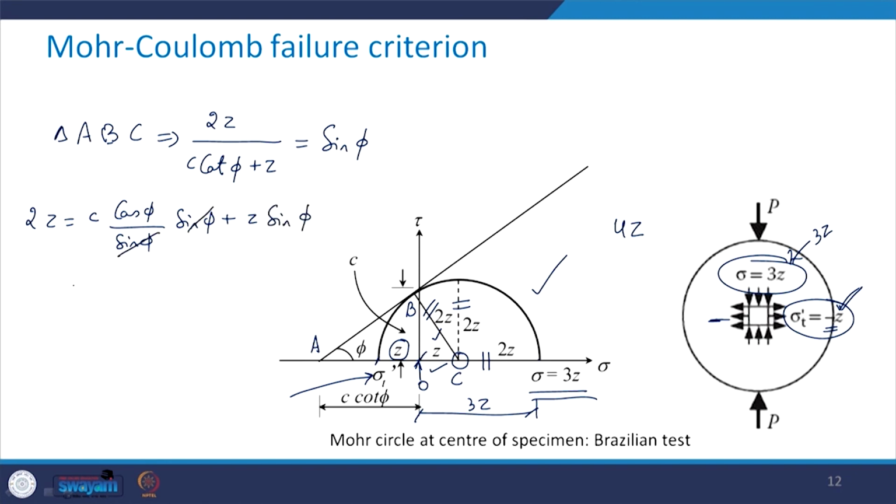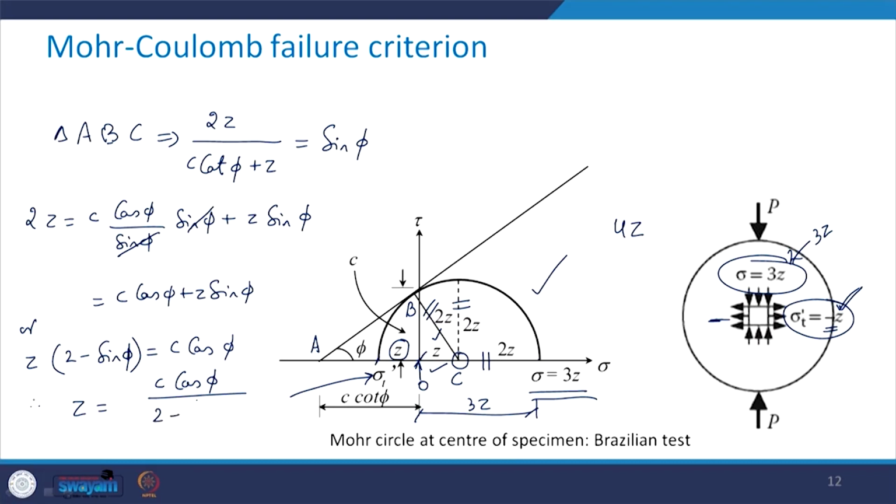So this will get cancelled out and this is going to be C cos phi plus z sine phi, or we can write here z times 2 minus sine phi is going to be equal to C cos phi, and therefore z will be equal to C cos phi divided by 2 minus sine phi. So this is the expression that I am going to get for z.